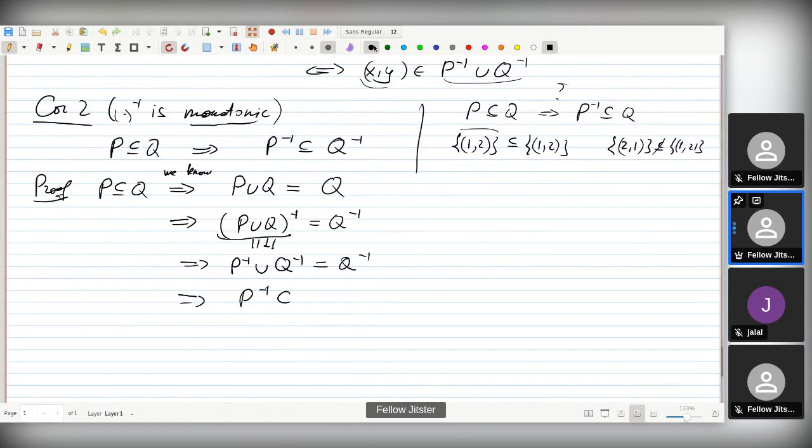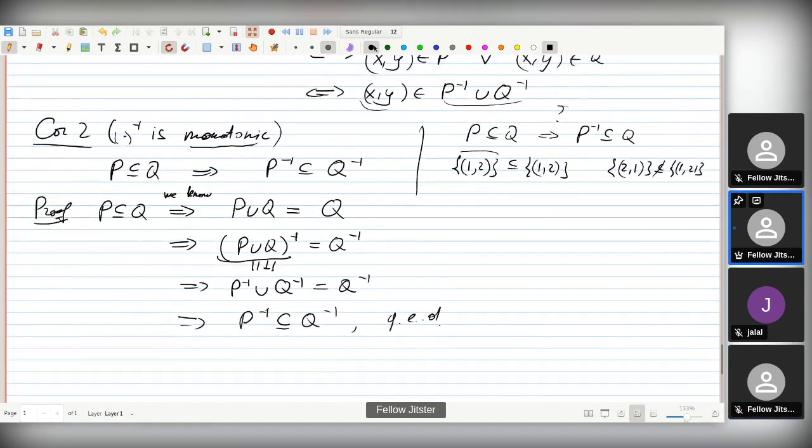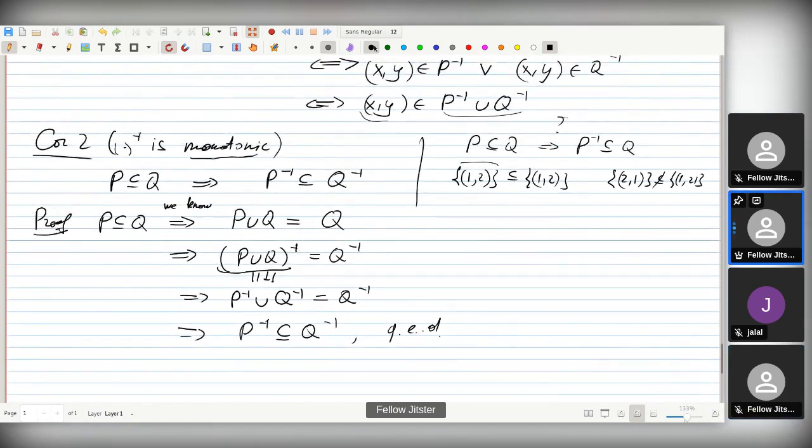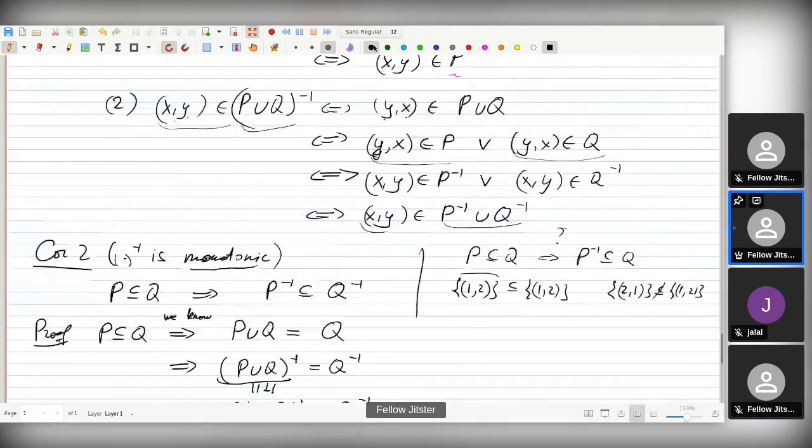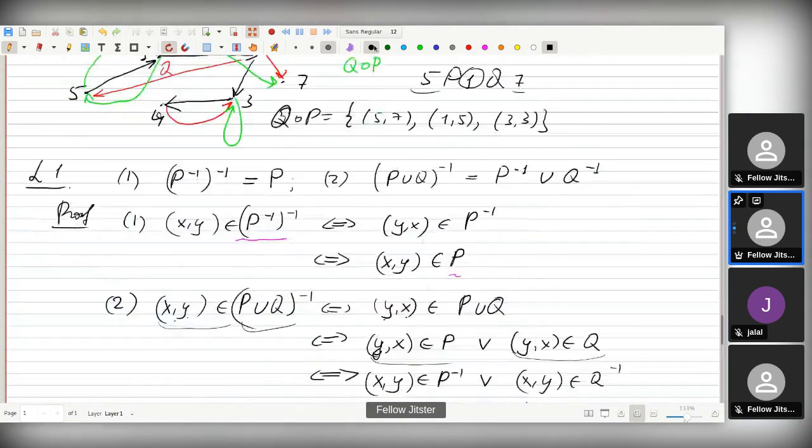Hence, the converse of P is a subset of the converse of Q. That's all. Is it clear? Yes. So just memorize this fact. If P is smaller than Q, then the converse of P is smaller than the converse of Q. So this operation is monotonic.